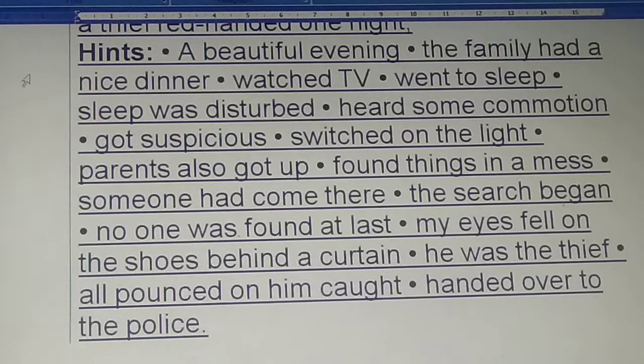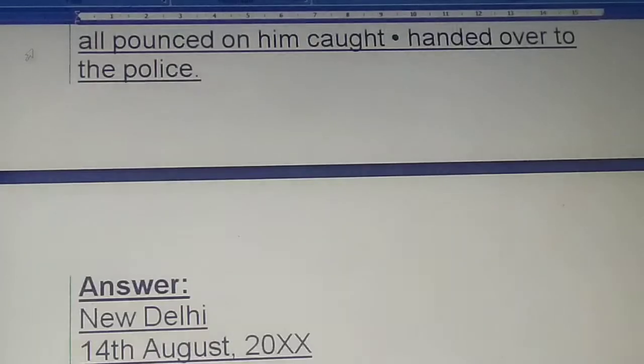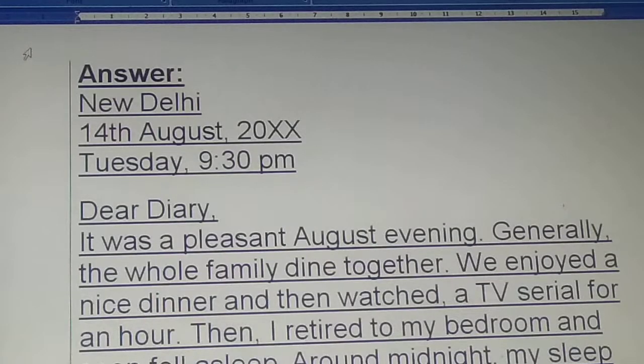So I hope you're reading what is given there as hints. Did you go through, children? Okay. So this is how you write the answer. And remember to address your diary as Dear Diary.